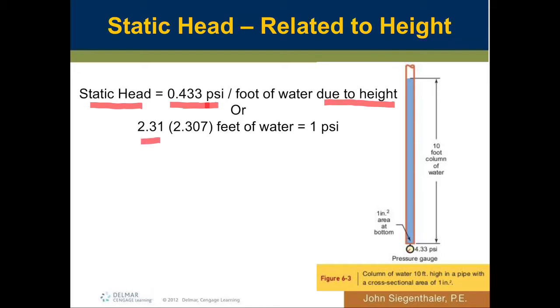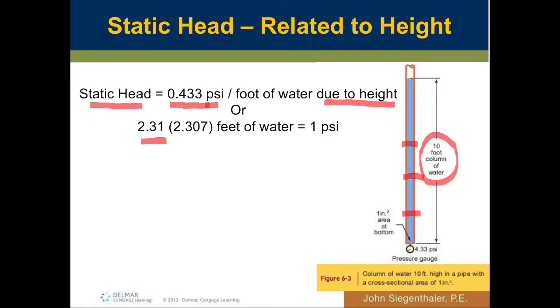Of course, that equates to roughly 2.307, or a lot of times we'll just round it up to 2.31 feet of water per psi. So what do we do with that? What it tells me is that every 2.31 feet of water that I have equates to essentially 1 psi. Every time I go up another 2.31 feet, and so on and so forth.